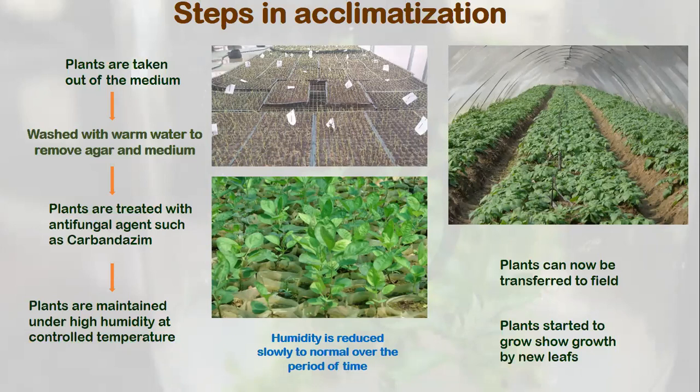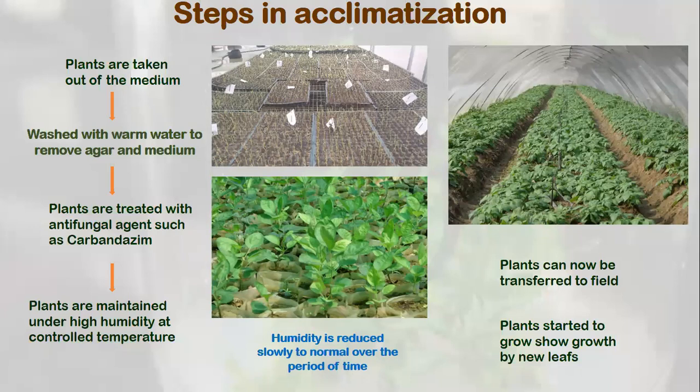So depending upon the type of plant, acclimatization can be for 10 to 12 days, 15 days, as in the case of potato, and it can be 1 to 2 months as in the case of apple and eucalyptus. So that is the process of acclimatization.